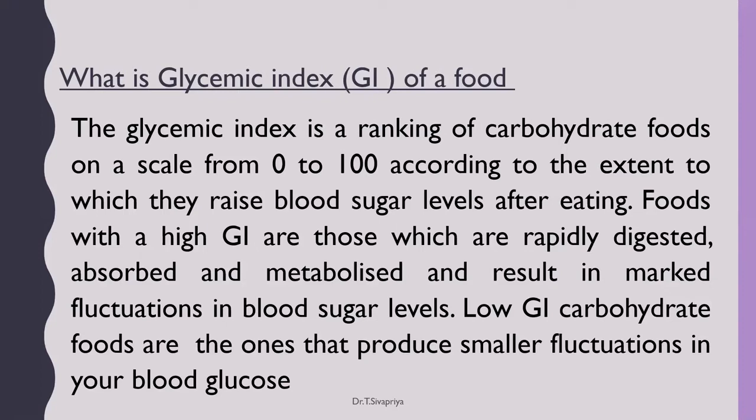Foods with a high GI are those which are rapidly digested, absorbed, and metabolized and result in marked fluctuations in blood sugar levels. Low GI carbohydrate foods are the ones that produce smaller fluctuations in your blood glucose.